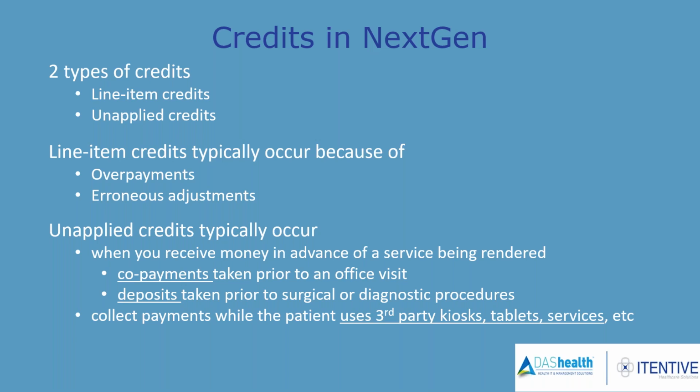Sometimes you take deposit money for a surgery or for a diagnostic procedure, and again, there is no encounter to apply it against, so those monies get categorized as unapplied money. Also, when you collect payments through third-party kiosks or tablets or services where you're taking money, and again, there's no encounter to apply it against, so it comes across as unapplied money.